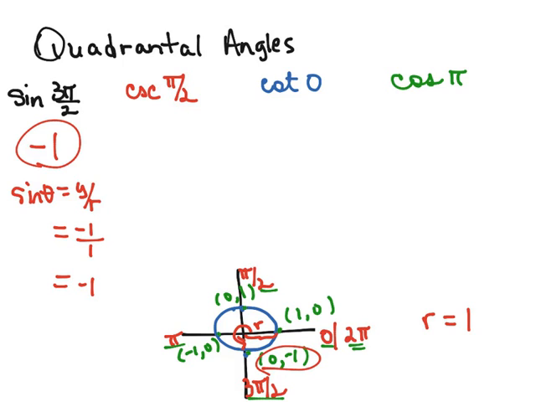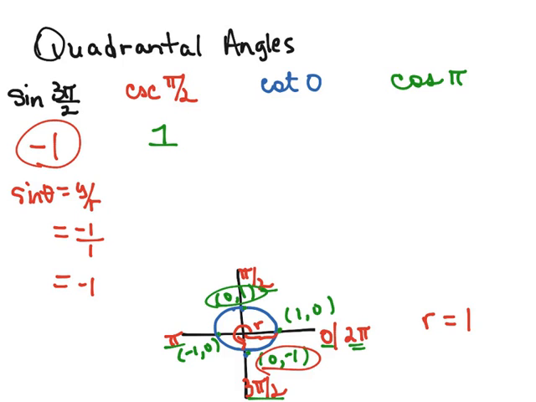When I look at the cosecant of pi over 2, the ordered pair involved would be 0, 1. Cosecant is the reciprocal of sine. So one way I could think about this problem is the sine is the y, and it's 1 by my unit circle trig definitions, and the reciprocal of 1 is 1.